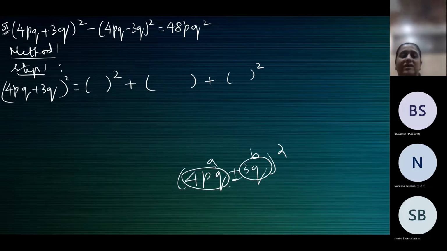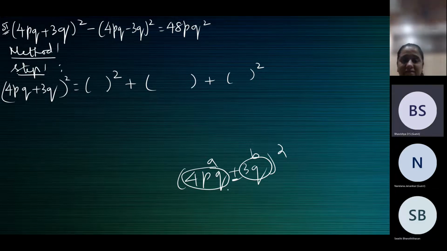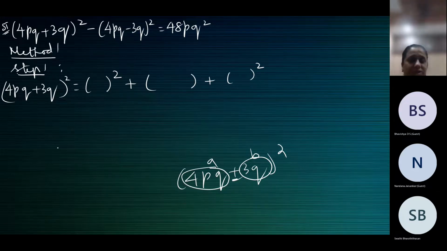So what is a? 4pq, ma'am. How do you read this? You're reading this one as a plus this is b the whole square. So this is a, this is b.